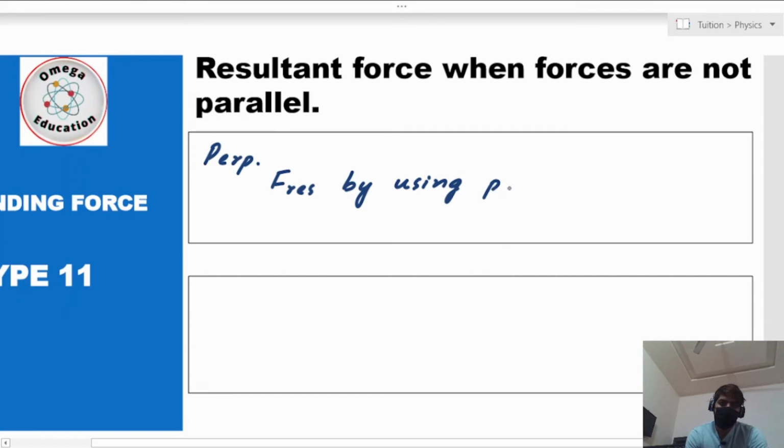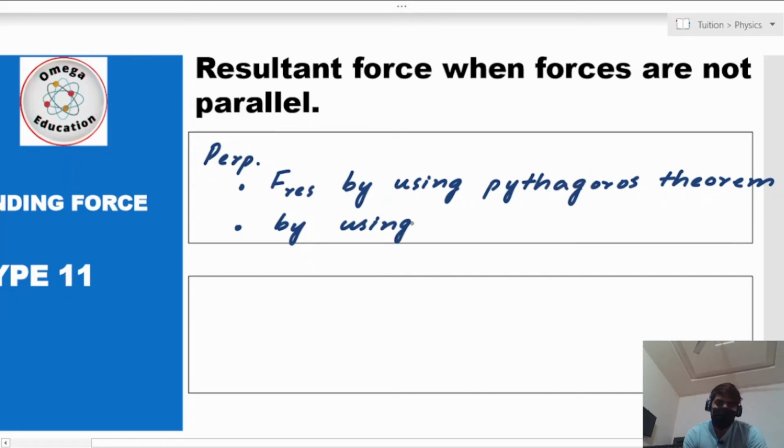You can find the magnitude of the resultant force by using Pythagoras theorem, and you can find the direction by using the formula theta equals tan inverse of perpendicular, the forces along the y-axis, divided by base.